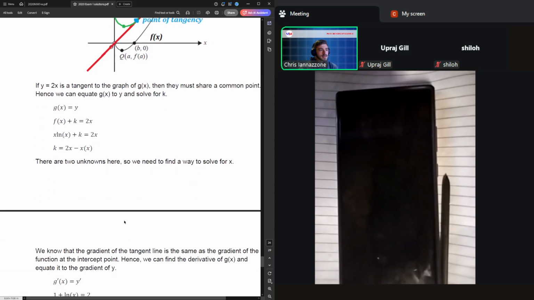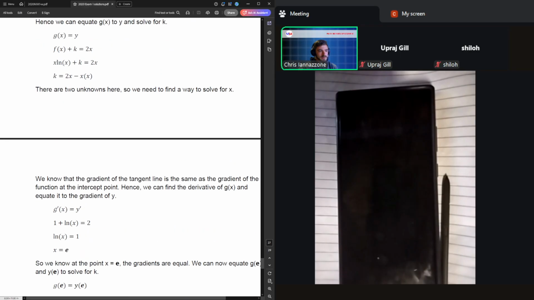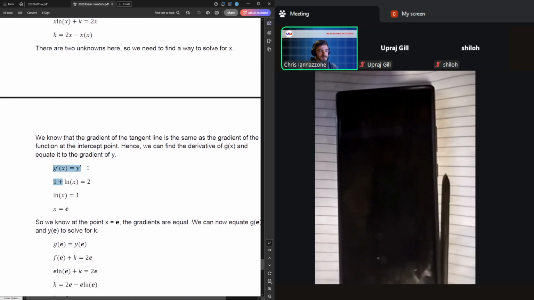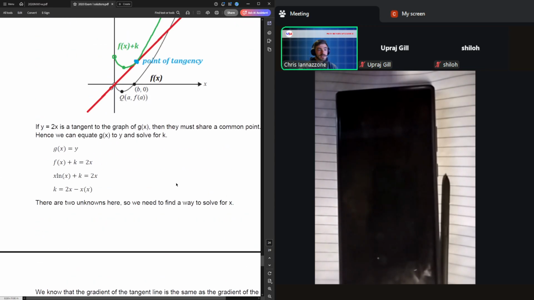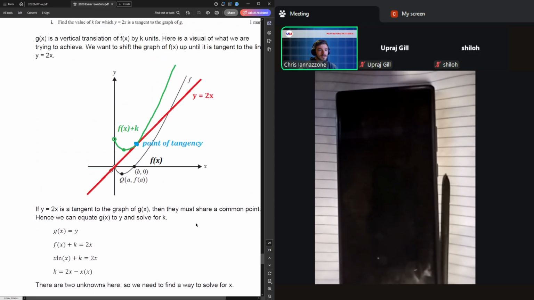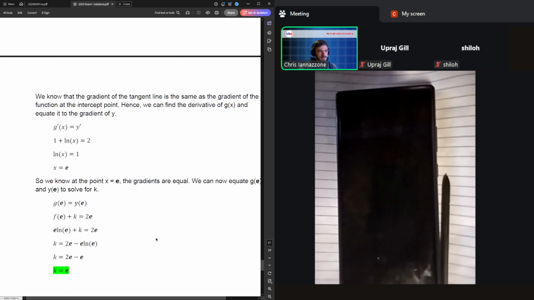So the key things you have to do here are get the functions equal to each other, and then once you figure out where the functions equal each other, the k value for that, you can then get derivatives equaling each other. Basically, instead of putting a 2 here, you're now going to put a 1 there because we had gradient 2x before. Now we have y equals 1x in this case.